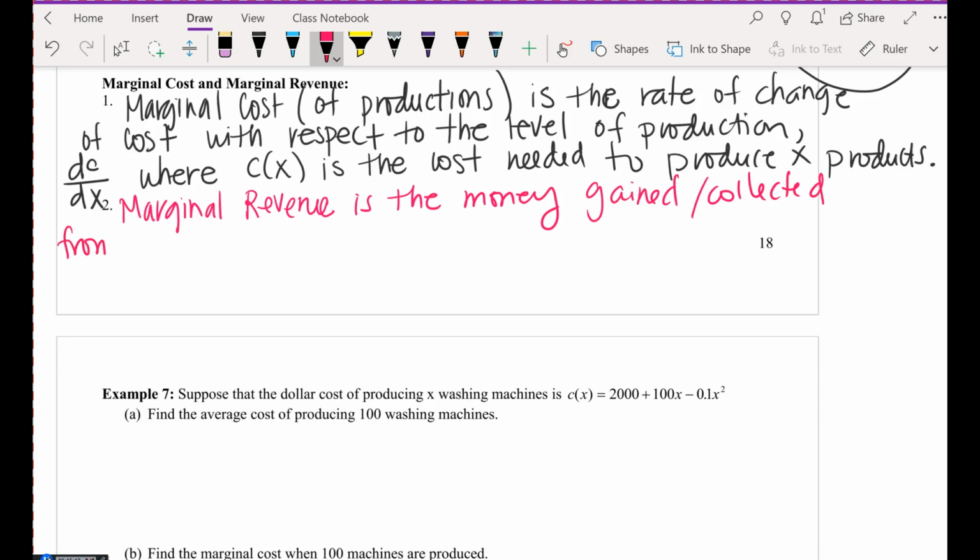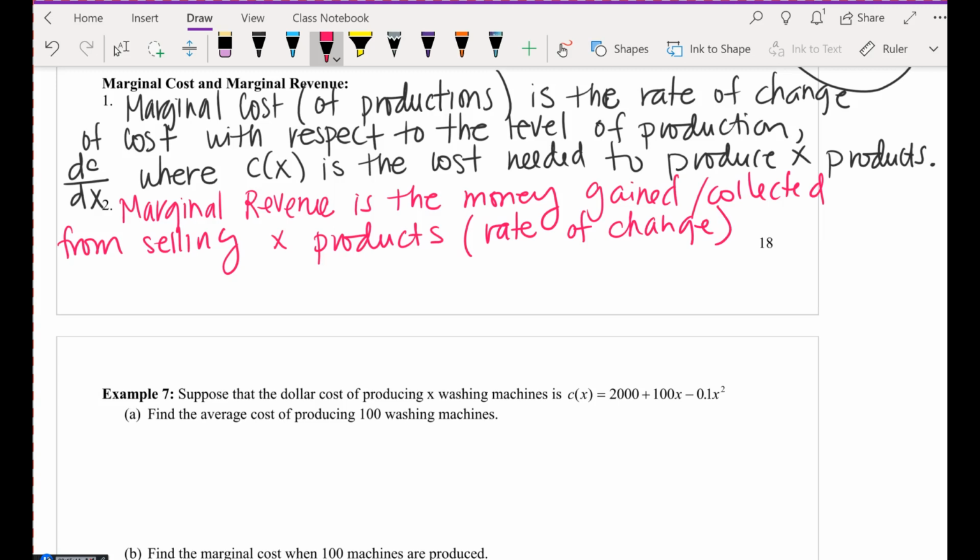From selling X products. Okay. And we're talking about one, so anytime you're talking about marginal revenue or marginal cost, it's always the rate of change. So I want to put down rate of change. Okay.